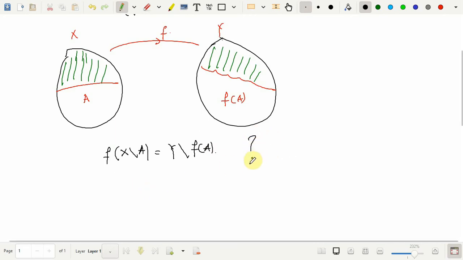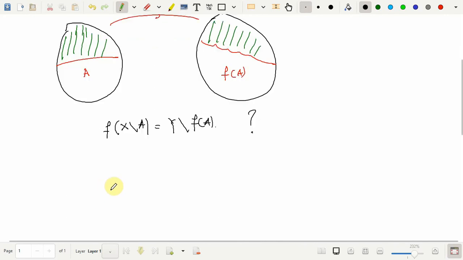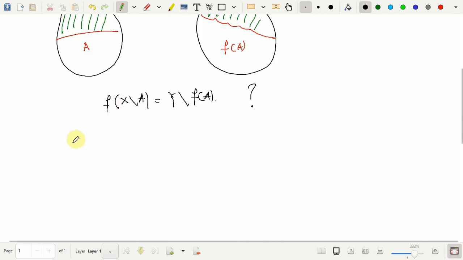So we will see one by one. To show that these are equal, we want Y difference f of A to be a subset of f of X difference A, and vice versa. First we will see what is the condition that is required for this to happen.